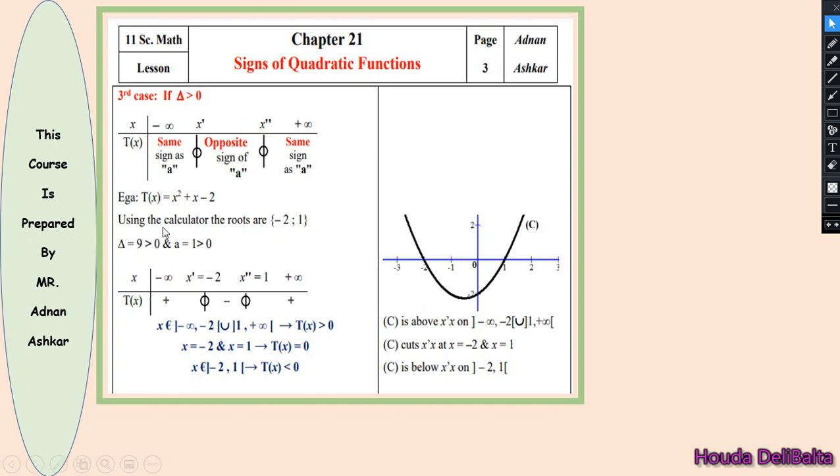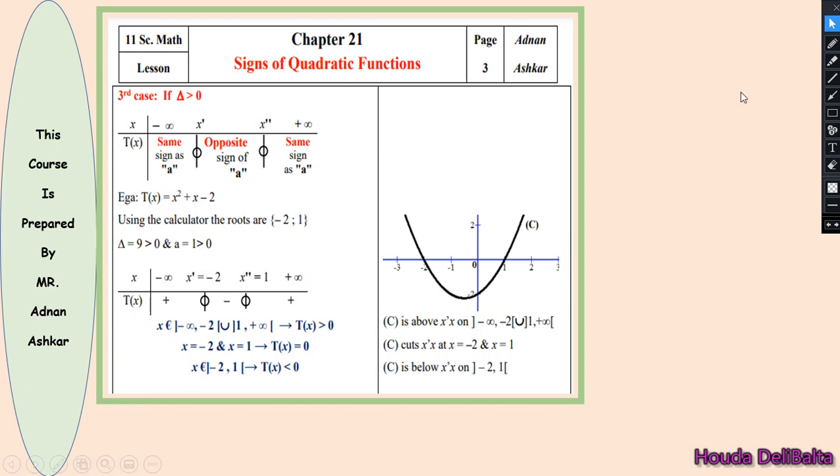Let's start. Here is the quadratic function that's equal to x squared plus x minus 2, and here is its curve. Notice that part of the curve is above the x-axis, which means positive, and part of the curve is below the x-axis, which means negative. Negativity is below the x-axis, positivity is above the x-axis.